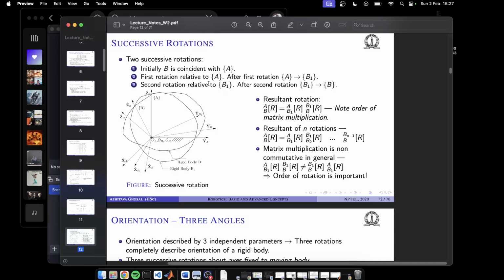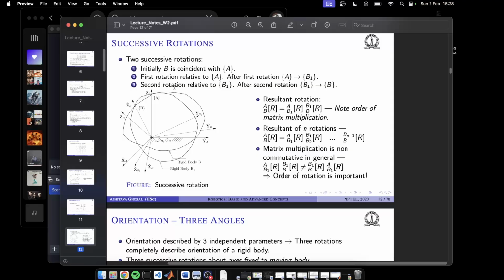So in this example, we have frame B that is coincident with frame A first. Then there is the first rotation that is relative to A, which means that we are rotating about any one of the axes of frame A, right? And after doing that rotation, we arrive at frame B1.